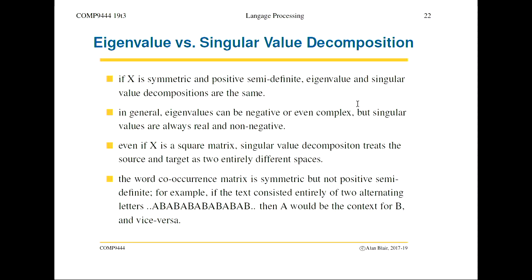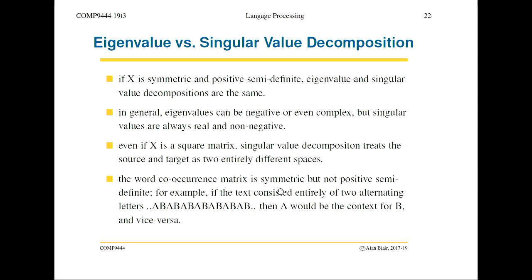Even if X is a square matrix, it treats these two representations separately. And the word co-occurrence matrix is symmetric, but it's not positive semi-definite.